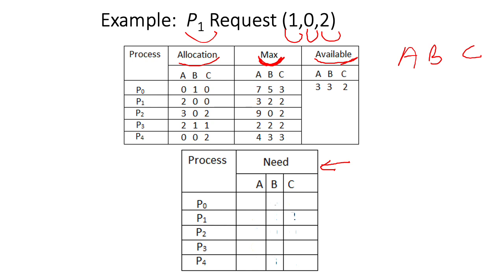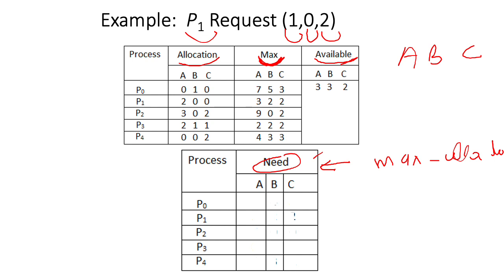So the first step we have to do is to calculate the need for each one of these processes. And we said that the need is defined as the maximum minus the current allocation. So need means how much more resources this process still needs.